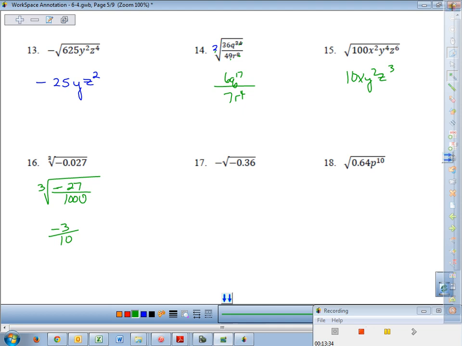Let's turn the decimal into a fraction. Cool. What decimal place are we at? Hundredths. So it's negative square root of negative 36 over 100. Correct? Give it a shot.